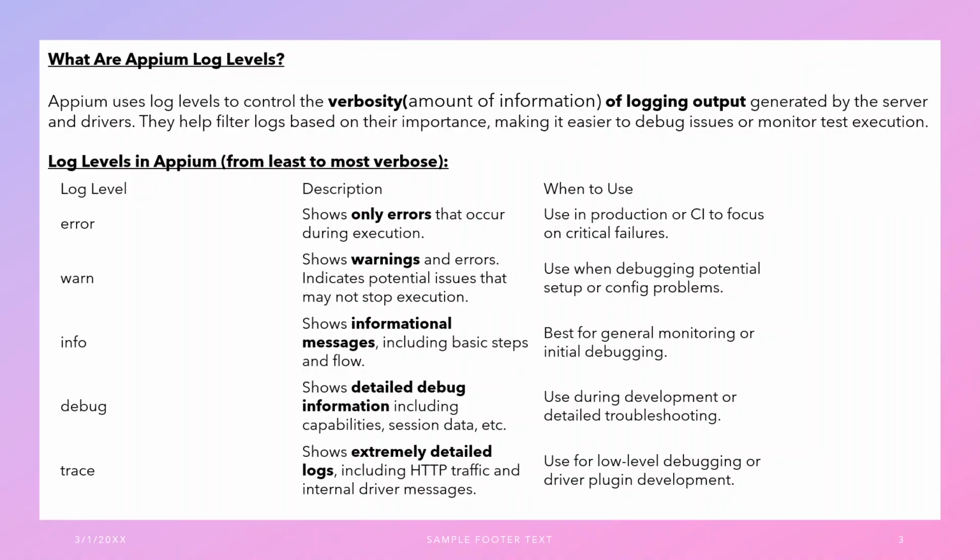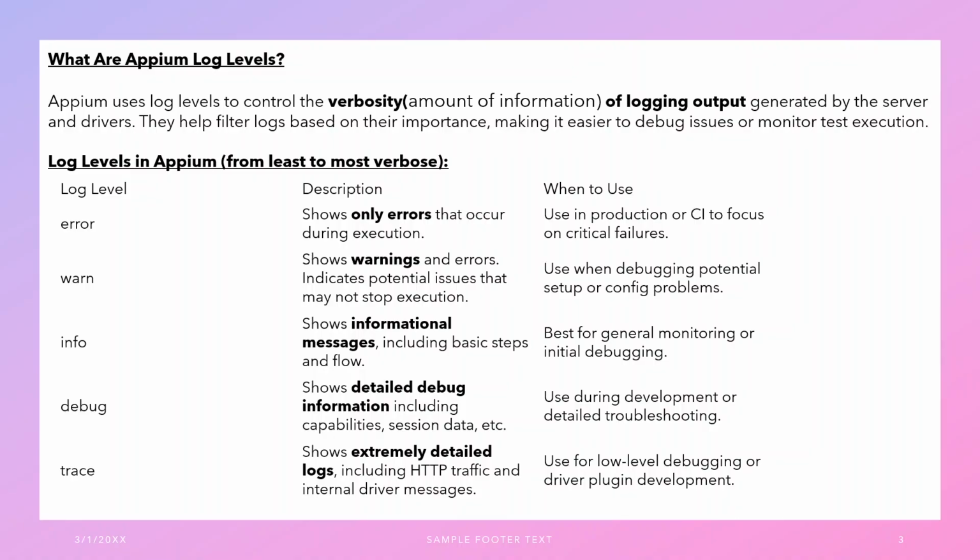So for the logs generated under the APM server, we can specify the amount of information I need to see, and we control that by using these log levels. That is the meaning of log levels.